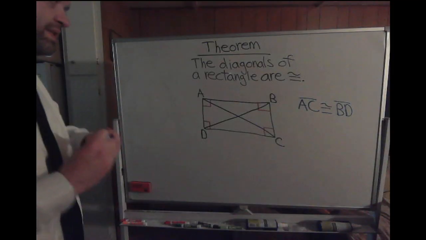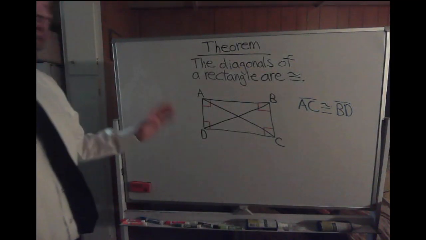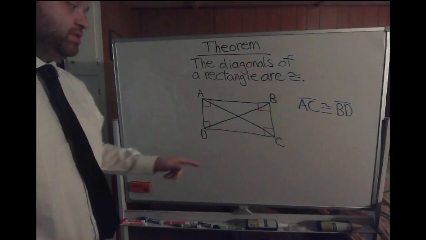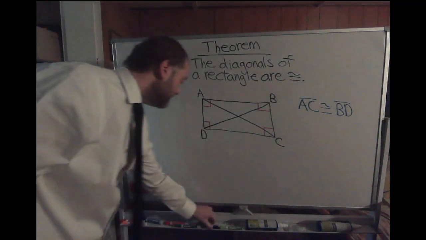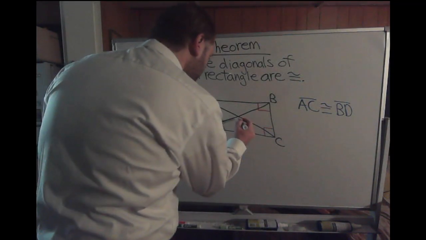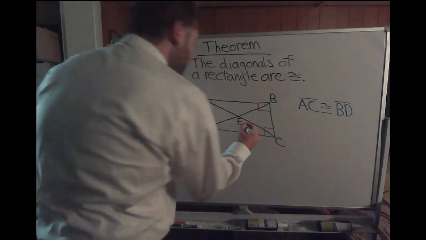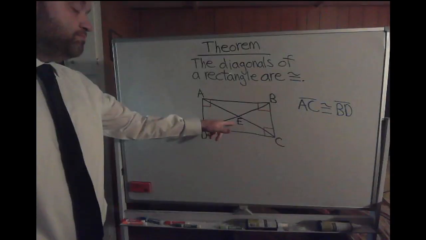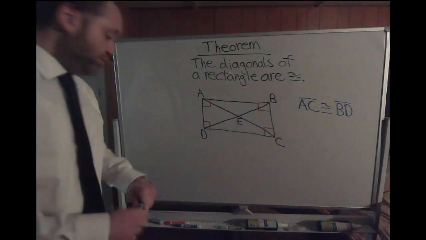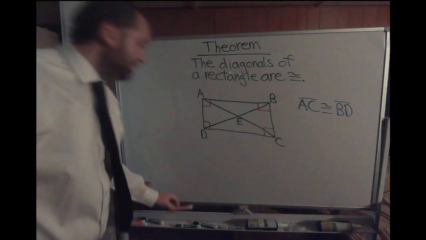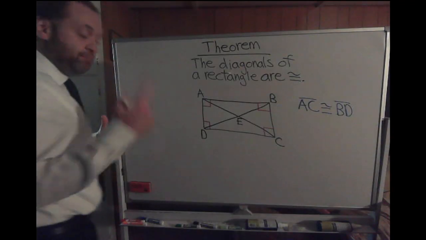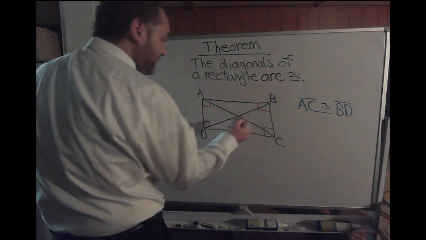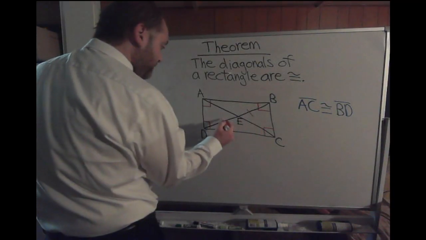So, what does that mean, though? We notice in a parallelogram in general, the diagonals bisect each other. I guess we could call this midpoint of the diagonals E, right? In a parallelogram, they would meet at the midpoint of both diagonals, and in a parallelogram in general, they bisect each other, meaning BE would be congruent to DE, so we could definitely mark that.